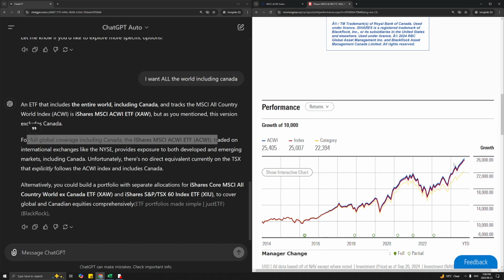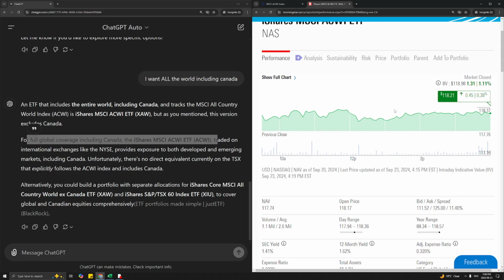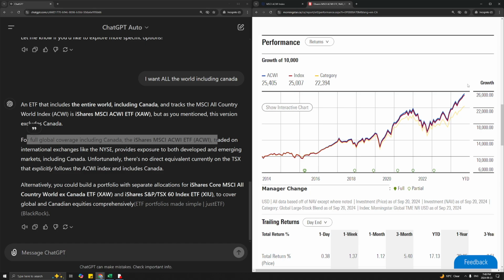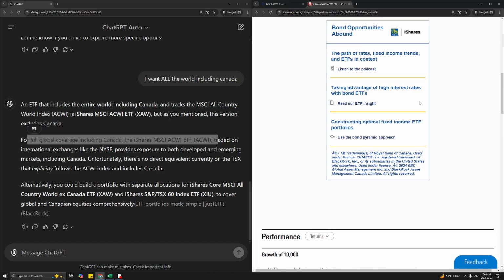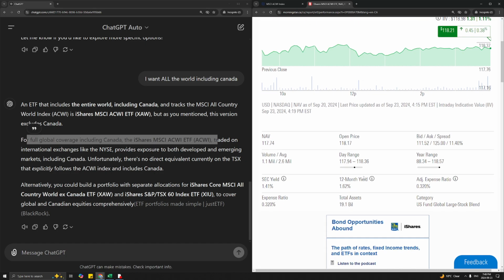You see how this ETF is somehow beating the index? That's called tracking error. In this case, the tracking error is positive. Awesome. Let's see why that is.